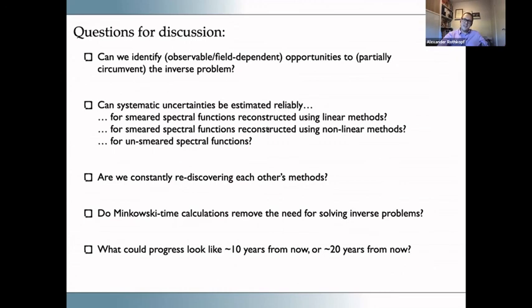So I'm a bit biased, obviously, from the Bayesian side, but one thing that I've tried in the way I approach learning about everyone else's methods was to ask the question, can I reformulate it in a Bayesian fashion? For example, the Tikhonov approach that was mentioned several times today.